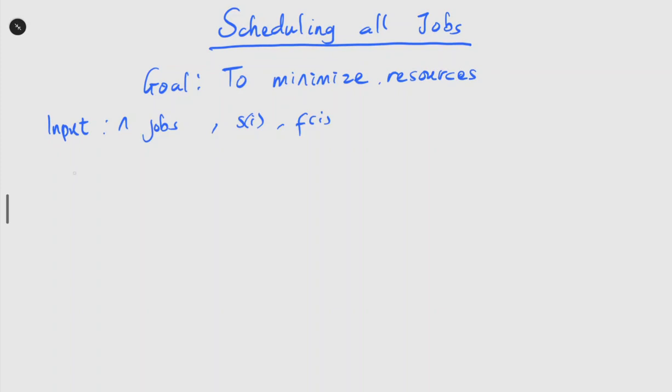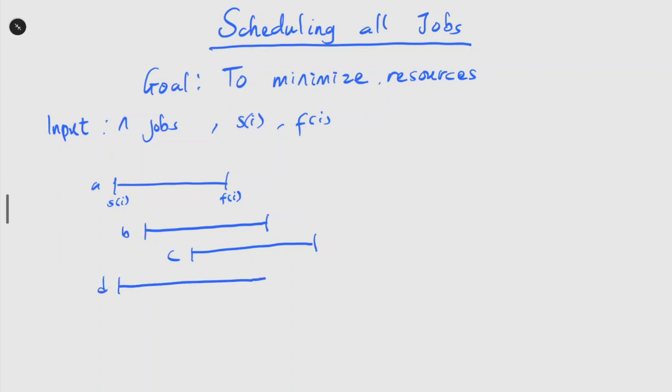Let's think about these jobs. Let's say we have the first job, let's call it job A. This is the start time. This is the finish time. We have job B. We have job C. We have job D. And we have job E. Let's say E starts here.